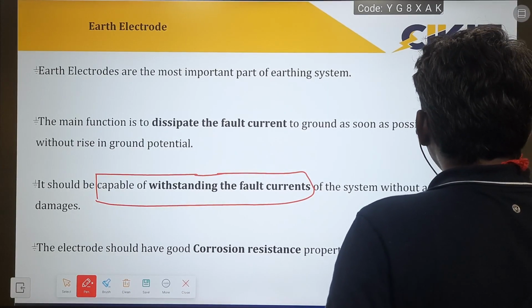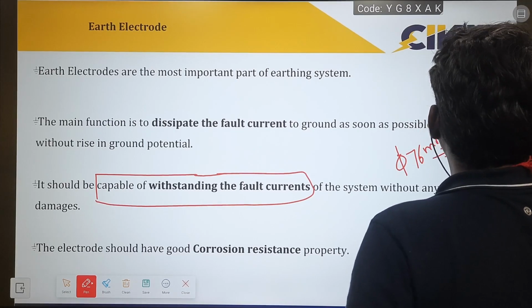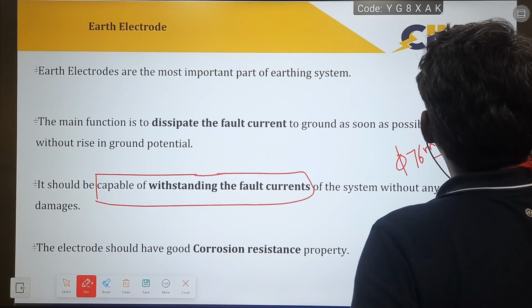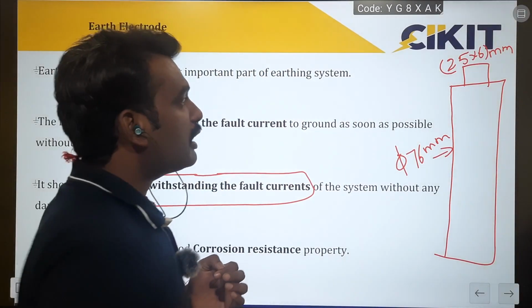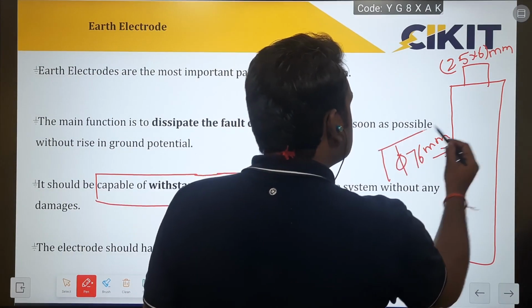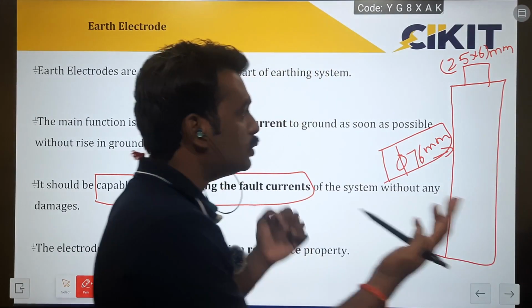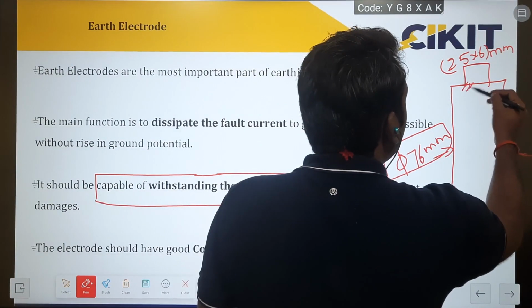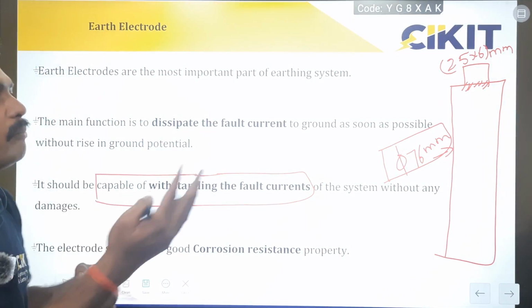If I have a pipe earth electrode of diameter 76 mm, and I provide a terminal using 25 by 3 or 25 by 6 mm, then if a fault current of around 30 kA comes, the 76 mm pipe will be able to withstand that. But this terminal cannot withstand such a huge amount of current, and what happens is this terminal will break.